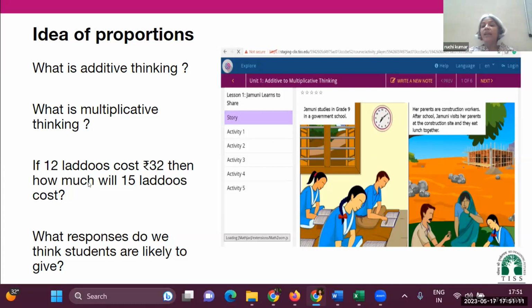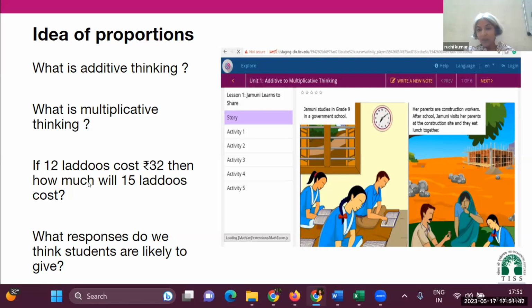This is called unitizing, making units, making small groups. So instead of going, the unitary method says that you go back to one unit. In many cases, proportional reasoning works when you don't go back to one unit, you go back to the most convenient unit. And in this case, the most convenient unit is 3. And you just find out for the 3 and you quickly add that to 32 and you get the answer 40.